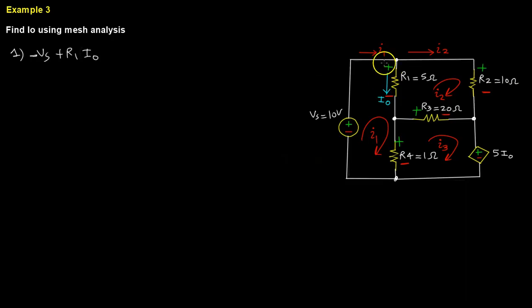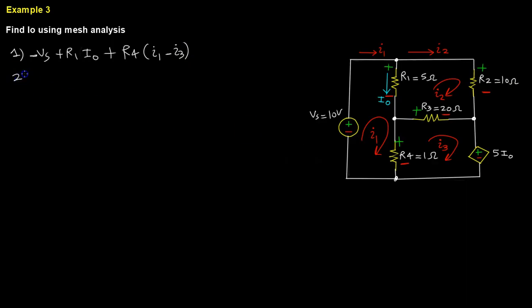So that's going to be I0, plus, because I see a plus here, I'm going to see a plus R4 times I1 minus I3. As you can see, I1 goes down, I3 goes up. So plus R4 times I1 minus I3.